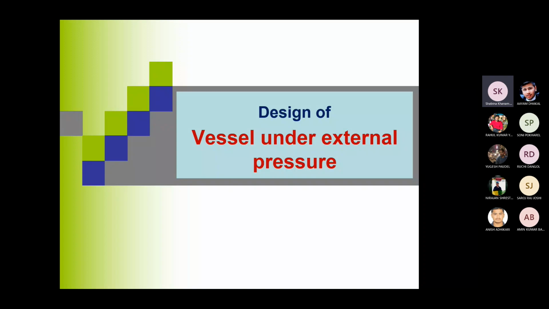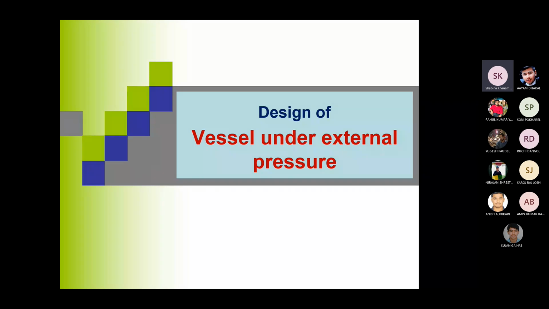So today we will cover this vessel under external pressure, and last class we have completed the design of tall vessel along with its support, and that is a specific support which we call the skirt support, or that support which is uniform from all sides. We have discussed the design of that.